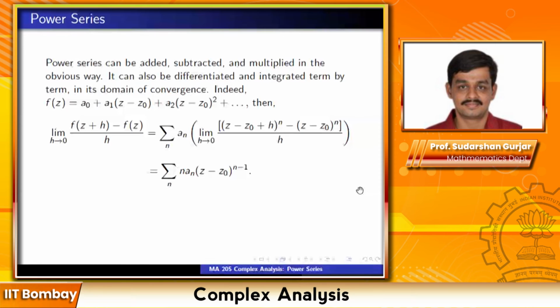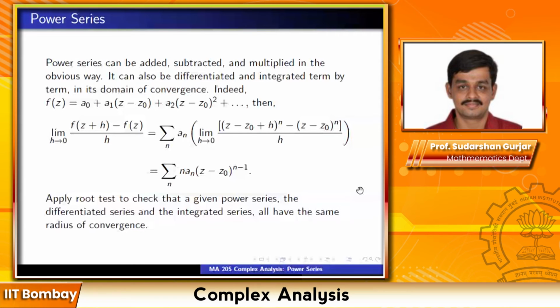And if you apply the root test, you can check that a given power series, its differentiated series and the integrated series all have the same radius of convergence. So for the new series summation n a_n (z minus z_0) to the power n minus 1, just check using the root test that it has the same radius of convergence as f(z).